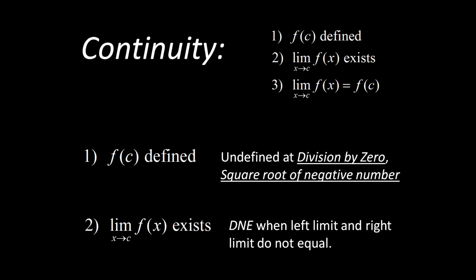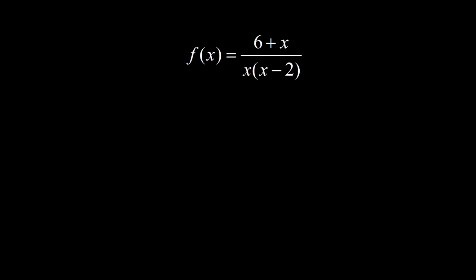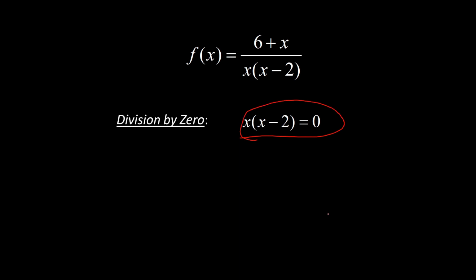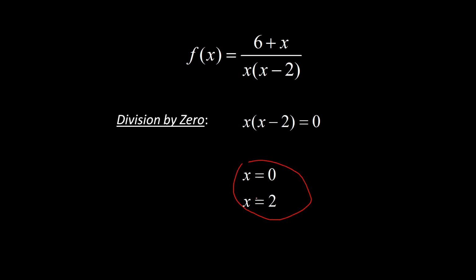So let's take a look at this. Check out this function. What do you see here? Do you see division by 0? Square root of a negative number? Well, if we look at the denominator here, there's division by 0 if the denominator equals 0. And so we can solve this equation and get our two solutions. So when x is 0 and x is 2, we get division by 0.